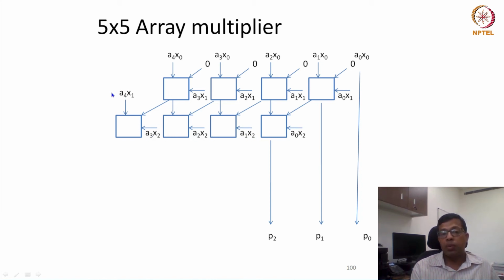You remember in our previous layer, x1 a4 was missing. So this x1 a4 was just left like this, and this x1 a4 is added to the adder in this new layer, in the second layer. So in the second layer also we are adding the result of the previous partial addition. We have done the partial addition, and the result of partial addition is now added to the new partial product.